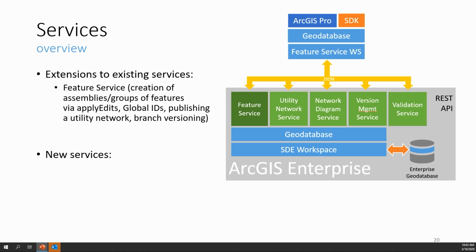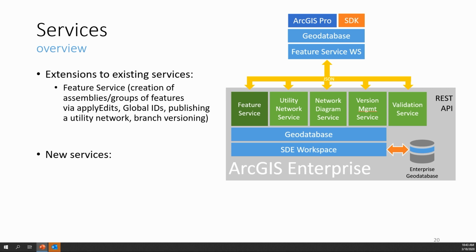And that geodatabase will be communicating through our enterprise geodatabase workspace, or what was termed the SDE workspace, which will communicate on the back end through client server to enterprise geodatabases, such as the ones that Annie highlighted earlier: Oracle and Postgres and SQL Server and DB2 and SAP HANA.